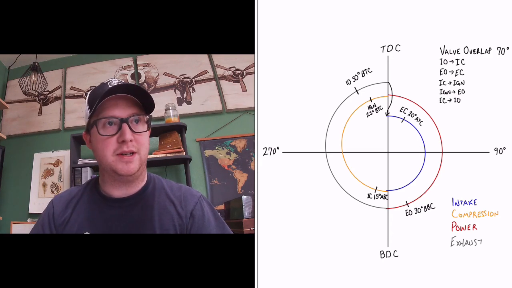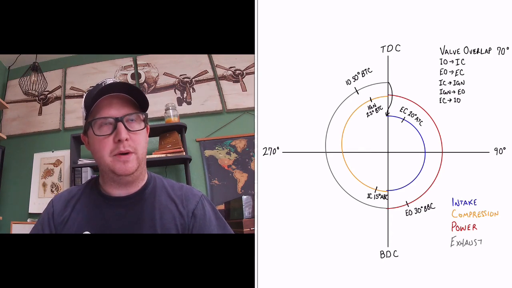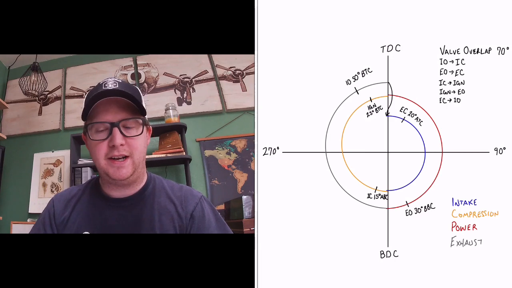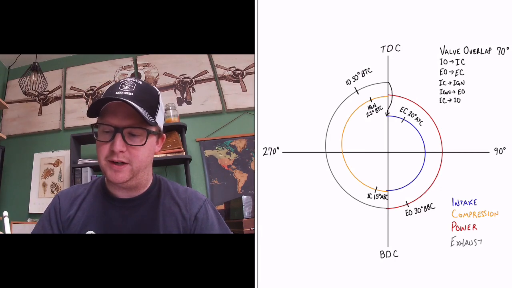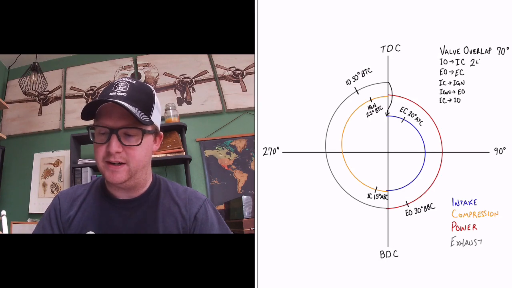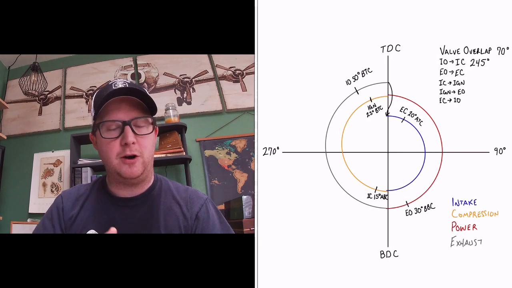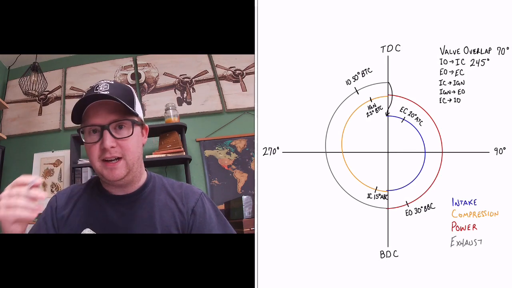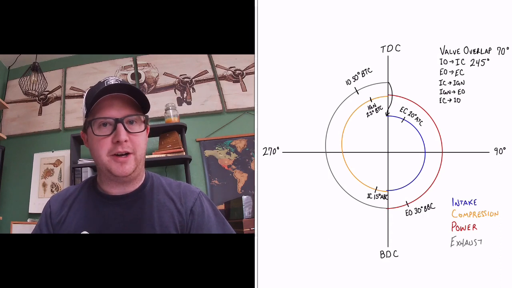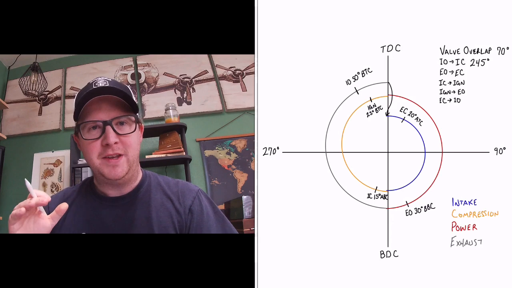So 180 plus 50 is going to be 230, plus another 15 is going to be 245. So we have 245 degrees of crankshaft rotation in which the intake valve is off its seat, or open.